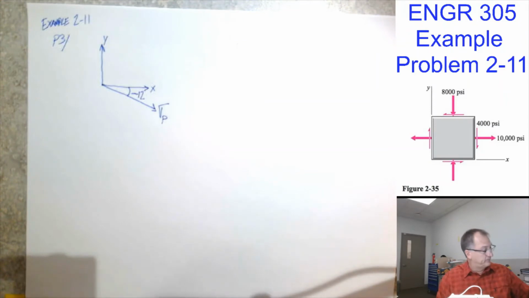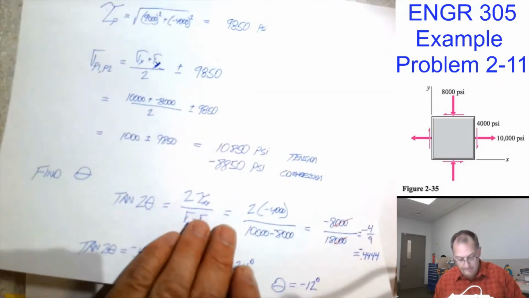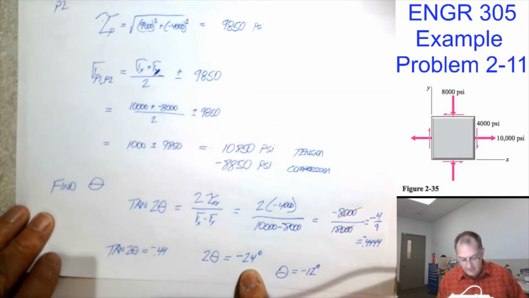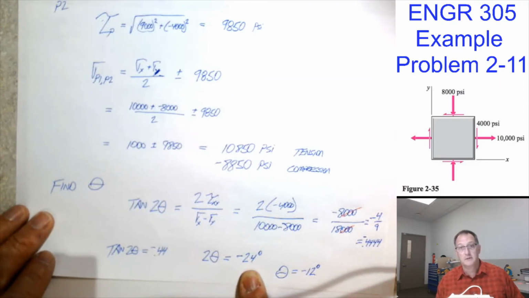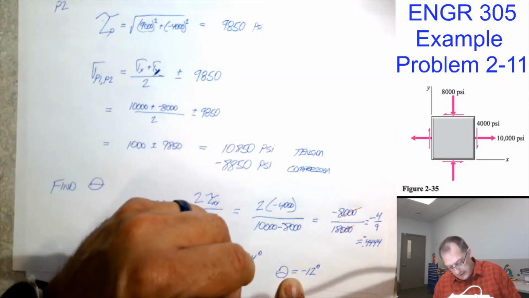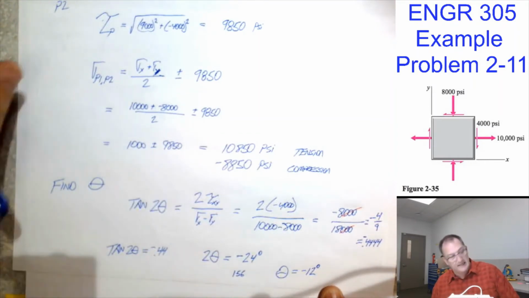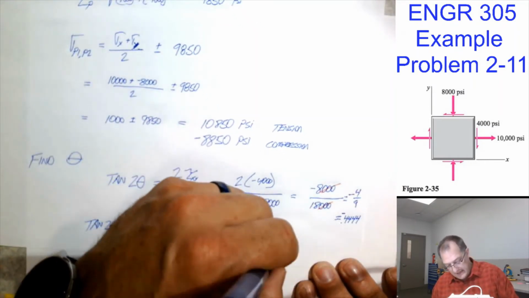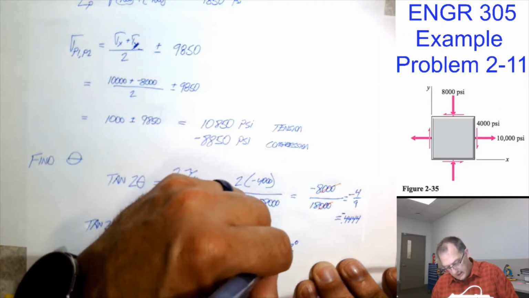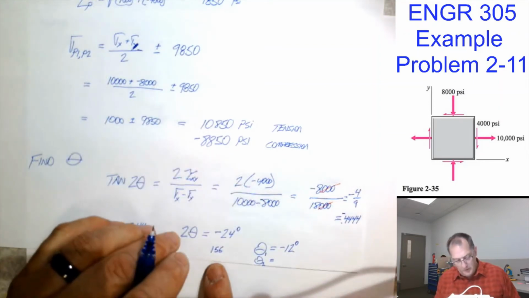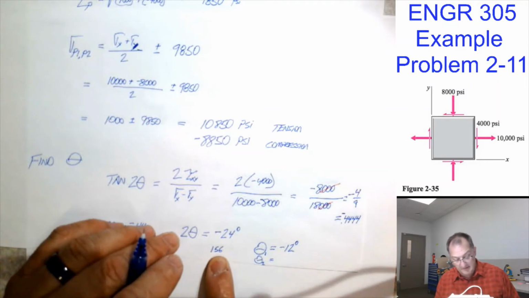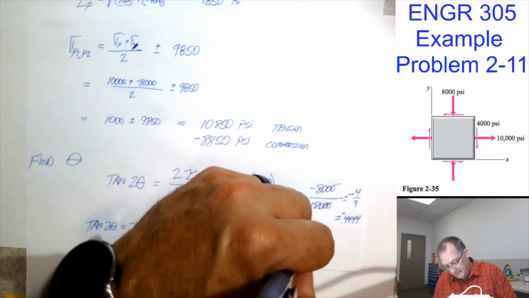So this value could be minus 24, or it could be 156, and then that gives us, this is theta 1, and here's theta 2, which is now equal to 78 degrees.